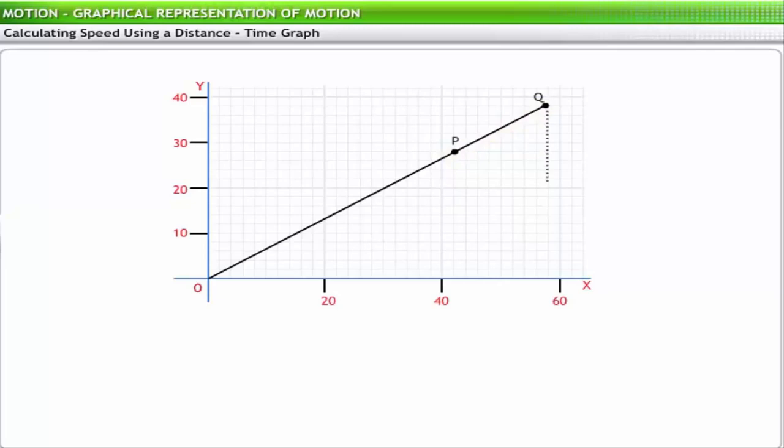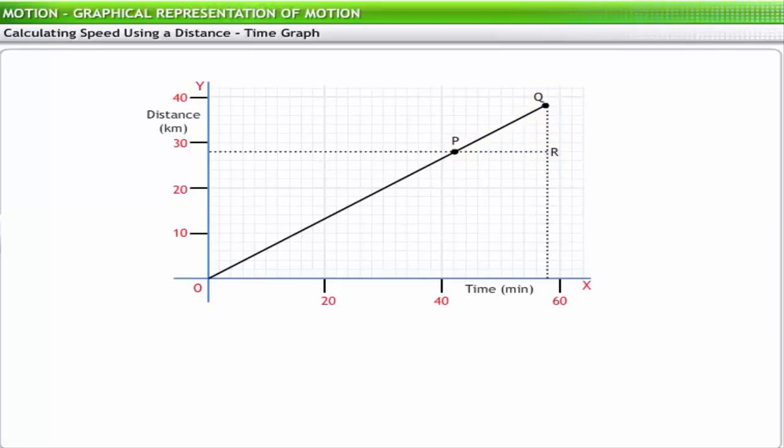Draw a line parallel to the y-axis from point Q and another line parallel to the x-axis from point P. These parallel lines intersect each other at point R to form a triangle PQR. On the graph, PR denotes the time interval, while QR corresponds to the distance.